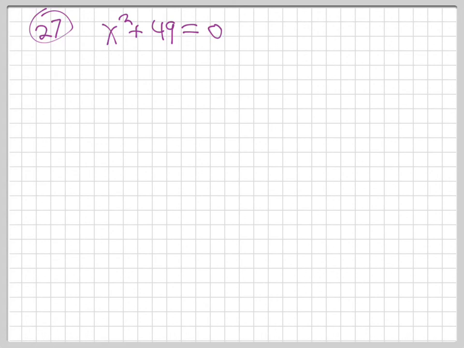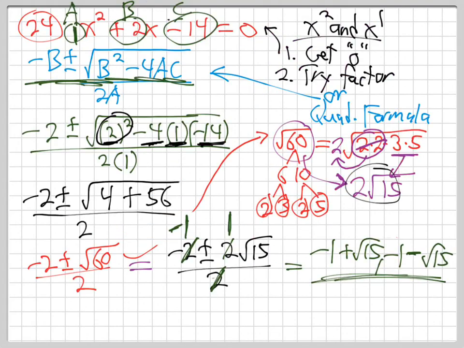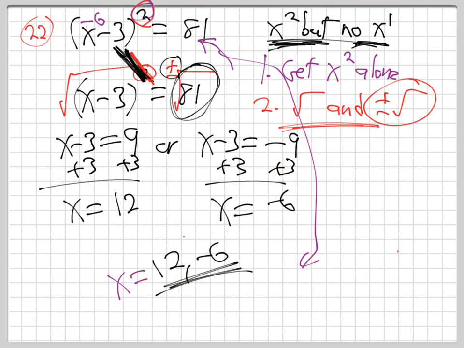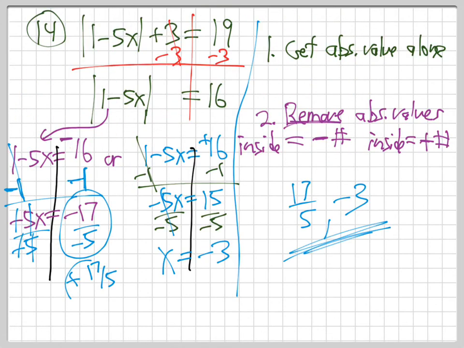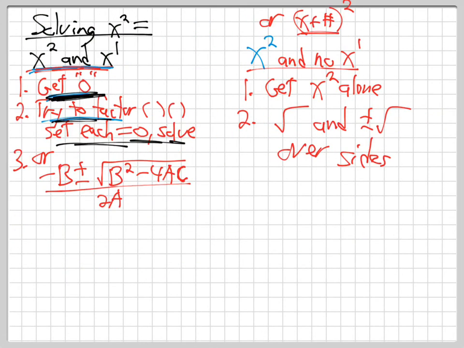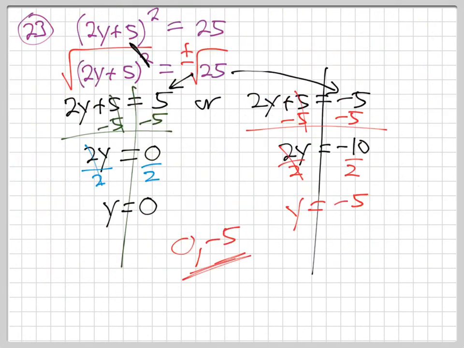So follow those steps. See if you can do that. We're not going to do quadratic formula. Notice there's no quadratic formula under x squared with no x to the first. This is easy. This is a 2-stepper. See what you can do. So I'll go back to those instructions. There it is. Yeah, it's this right here. x squared with no x to the first. There's what we do. Okay.